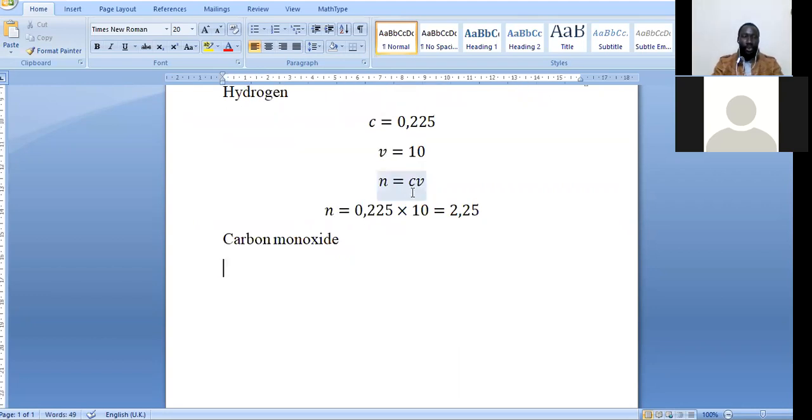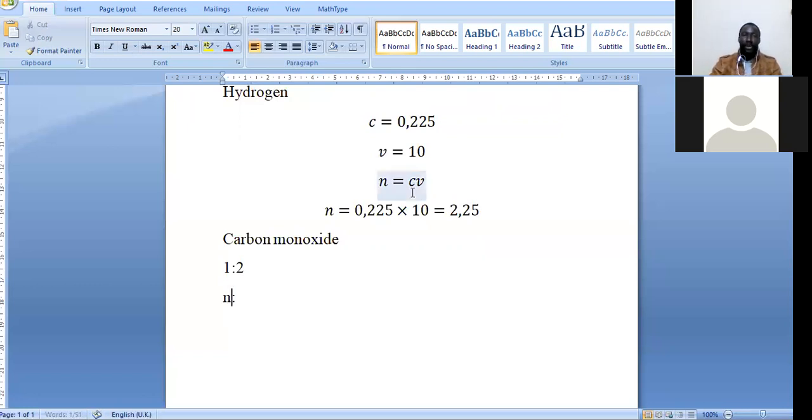The ratio is 1 to 2. Now, the next thing we have is we don't know the number of moles of carbon monoxide, but we know the number of moles of hydrogen. Let me put this as lowercase n.